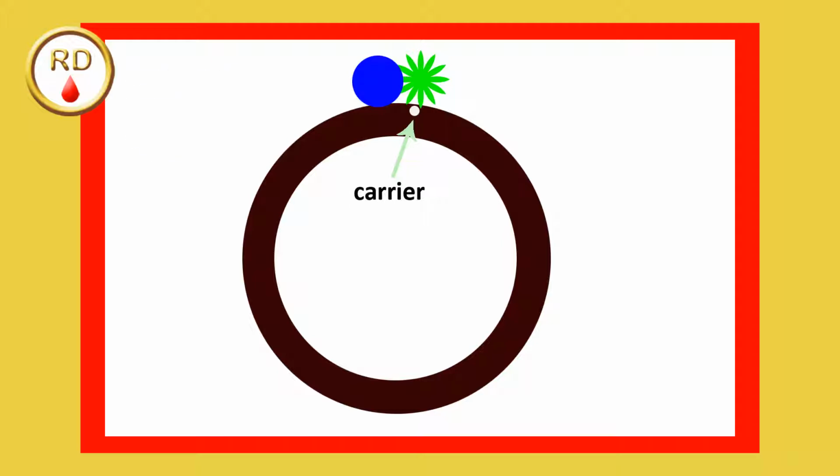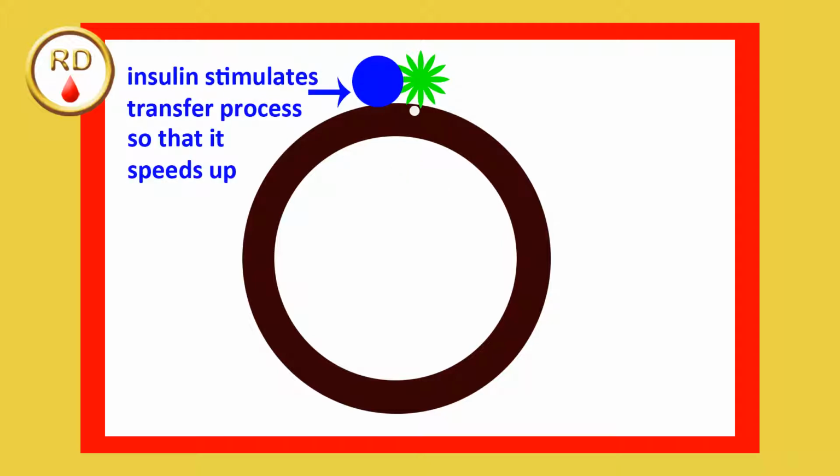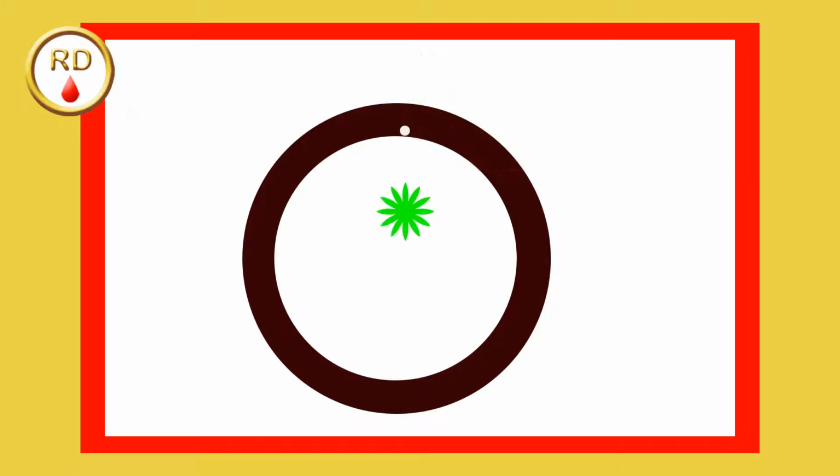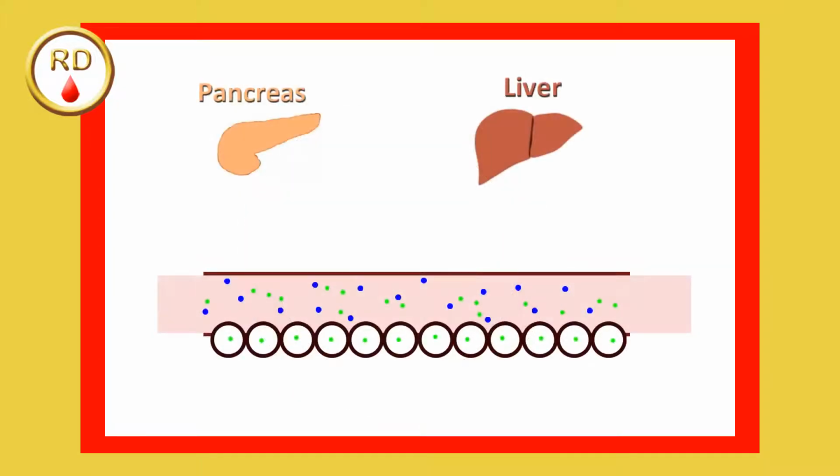The insulin stimulates the process and speeds up the transfer of glucose into the cell. This results in what is termed the normal rate of transfer of glucose into the cell from the bloodstream. Once the glucose is in the interior of the cell, it can be converted into energy known as ATP, or adenosine triphosphate.